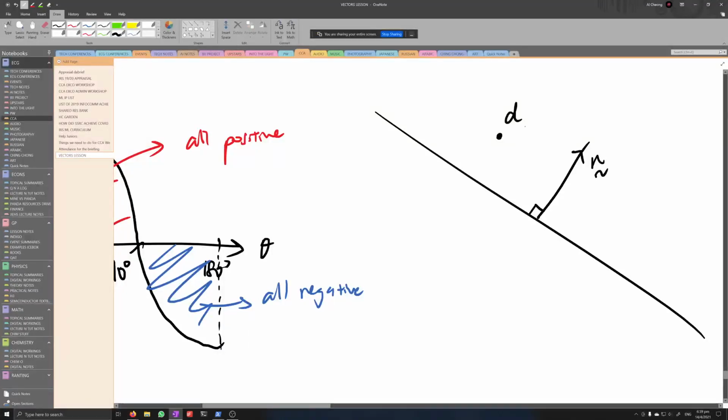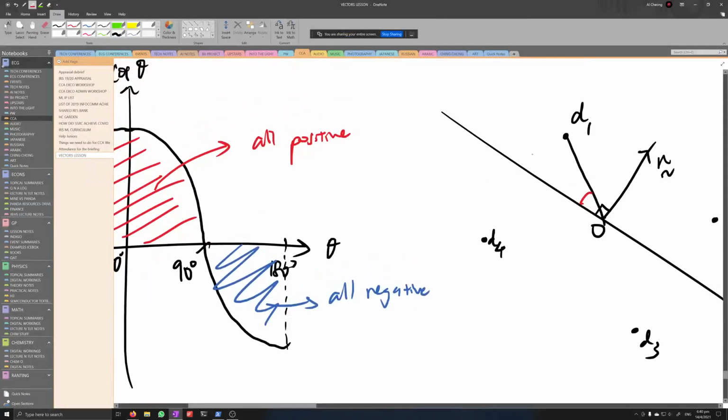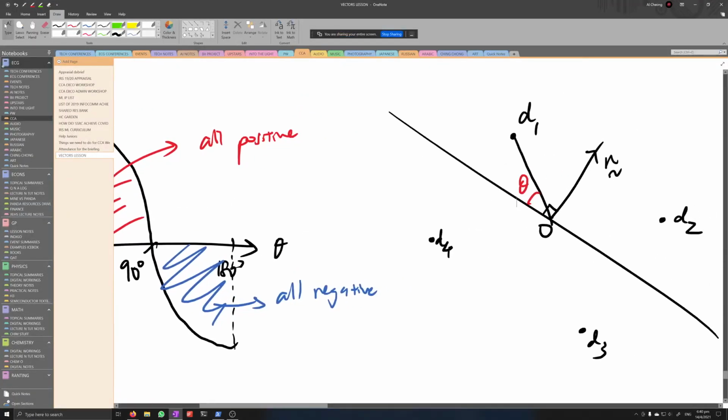We'll be choosing D1, D2, D3, and D4, such that here you have acute theta, so here we have 0 to 90.